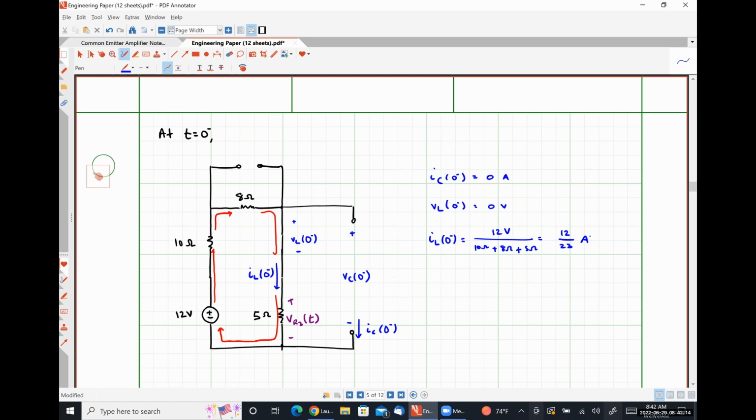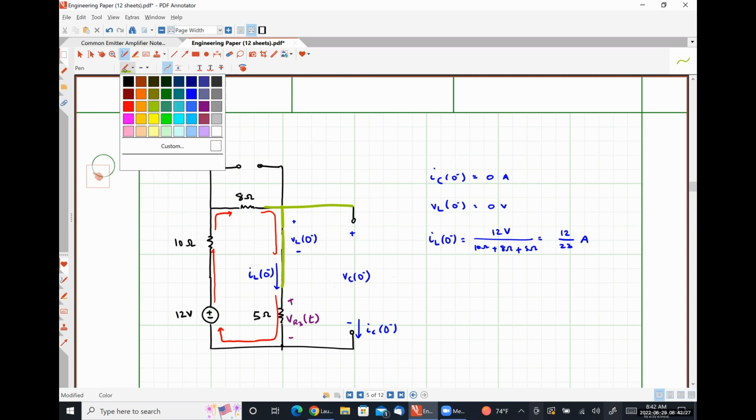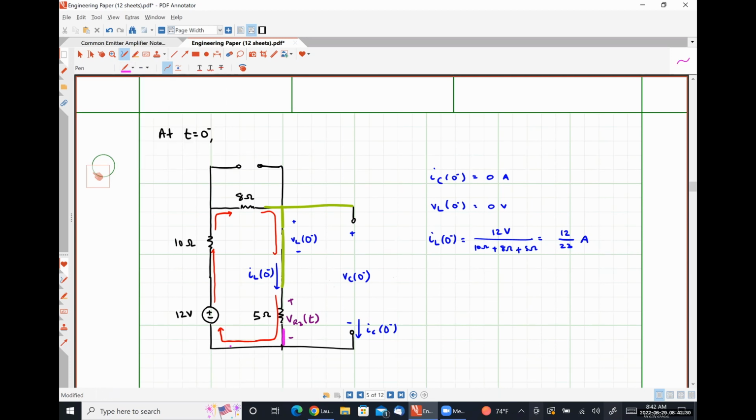All right. Now I'm going to label some nodes here. So I have this node in green and this node in pink. Our capacitor voltage VC is the difference in potential between the green node and the pink node, which is the same thing as the voltage drop across our 5 ohm resistor, right?